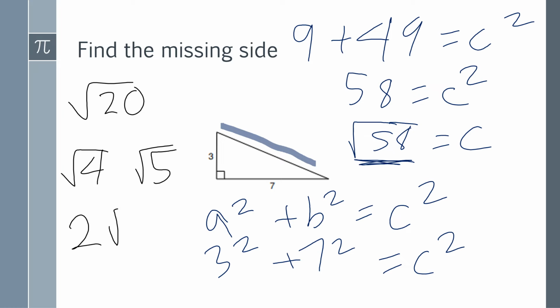So we get 2 root 5, because for 5, you can't think of nothing times itself that gives you 5. But we know something times itself gives you 4, and that's 2. So, something like that.